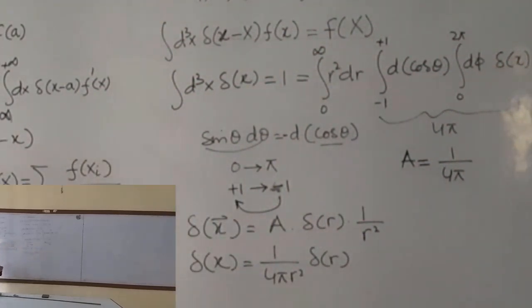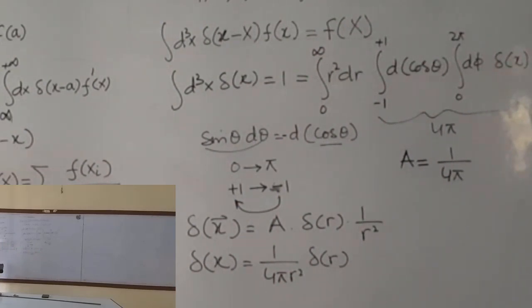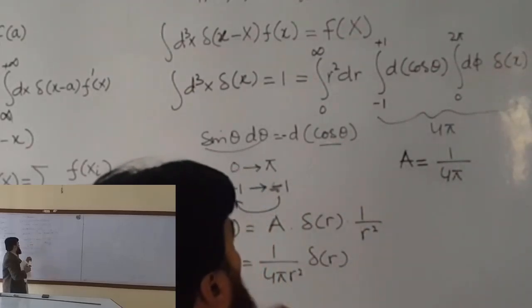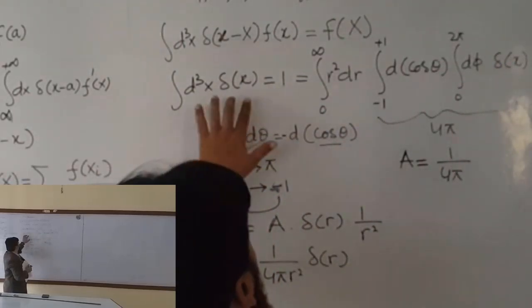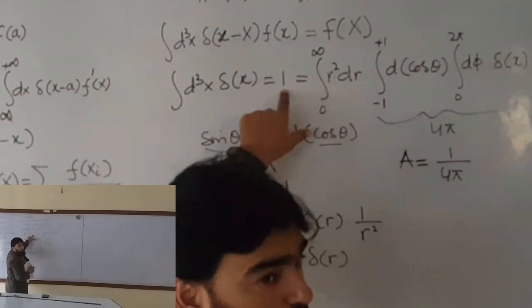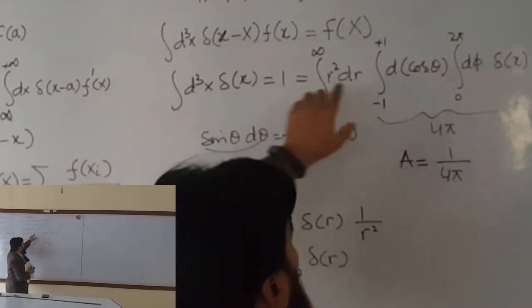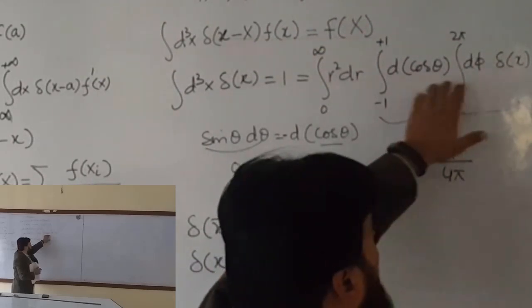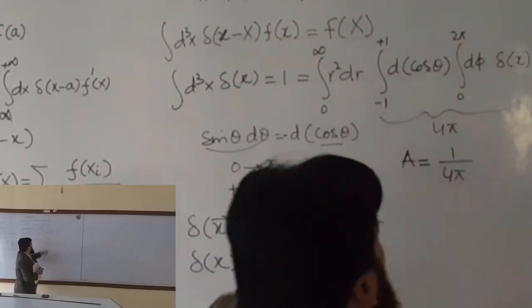Clear? Is it clear? Okay, I'm just repeating this one. This one was equal to 1. Now this side, in order to make it equal to 1, this is delta x.